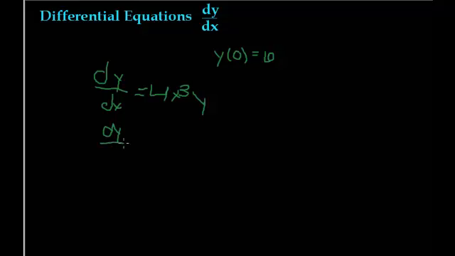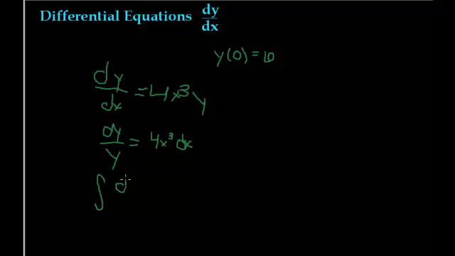So then you have dy all over y is equal to 4x cubed dx. So now that you have them on each side of the equation, now you take the integral just like you did before.